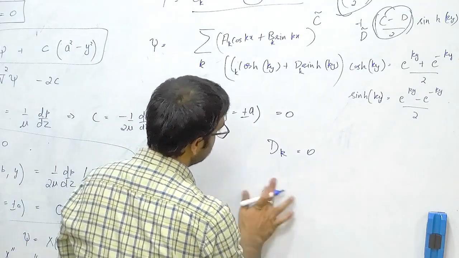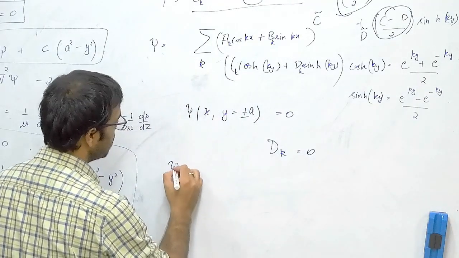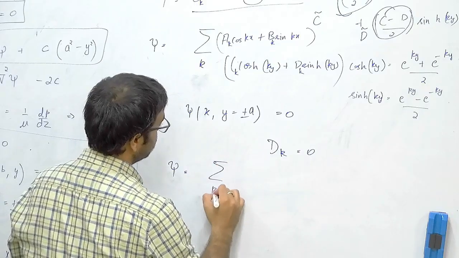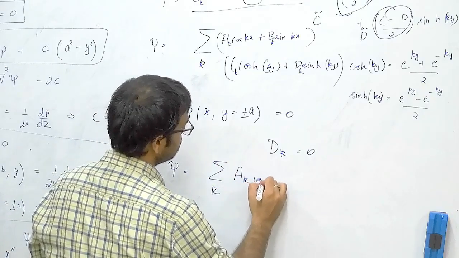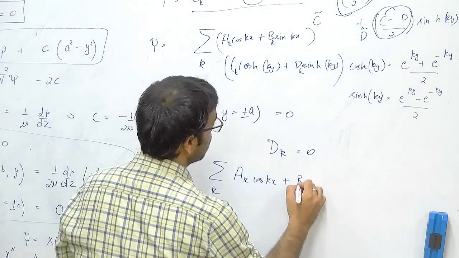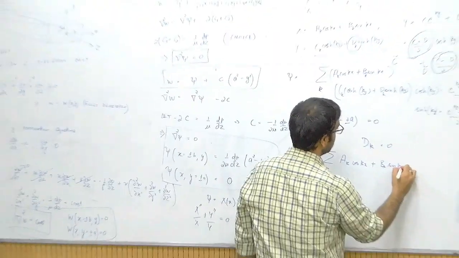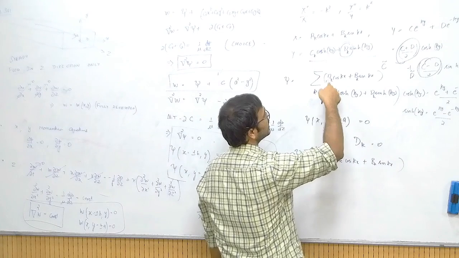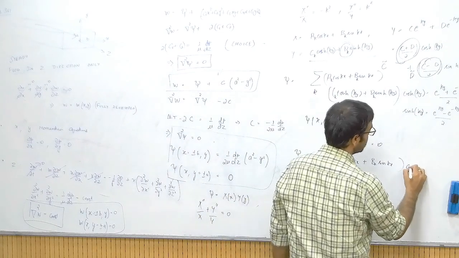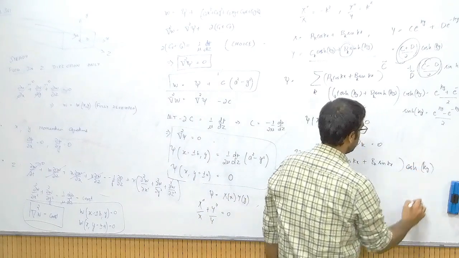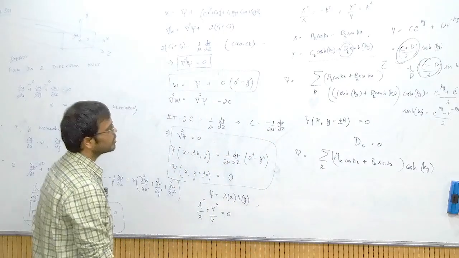Okay. So, essentially your psi will become something like, so I can absorb this constant Ck in Ak and Bk and simply write it as cos hyperbolic ky. Okay. This is what your solution is.